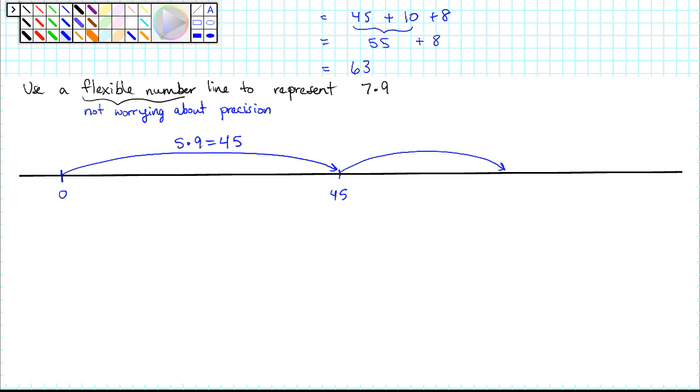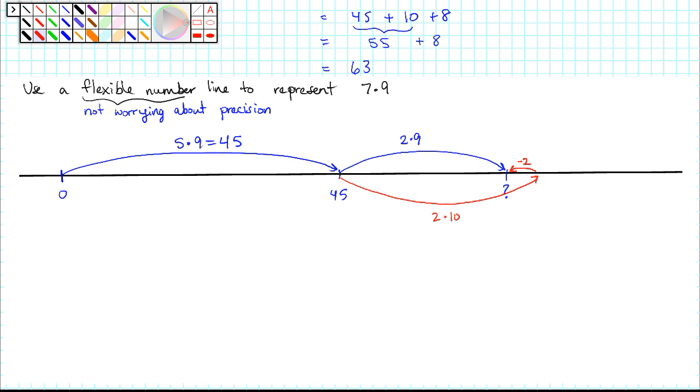So let's see. The question is what's here, and instead of adding 2 times 9, I'm going to instead add 2 times 10. And then I've got to back off 2.